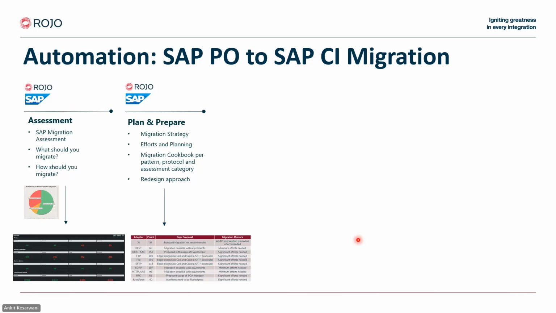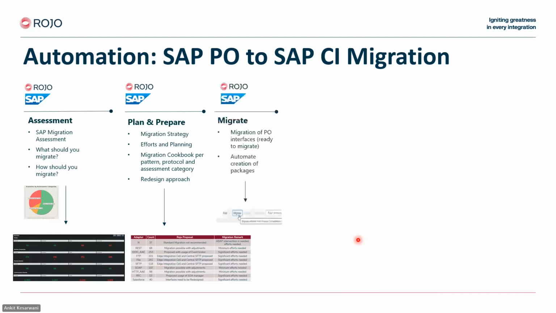An example could be for IDOC, where we say, okay, for IDOC scenarios, we will always have an event broker in between. Why we will have this, we will discuss more in our next slide. For one of our customers, we have redesigned all the IDOC scenarios, and why we did that, we can also highlight.